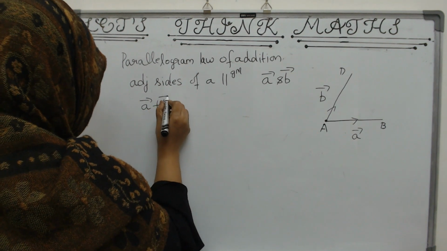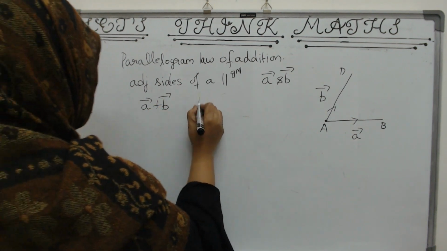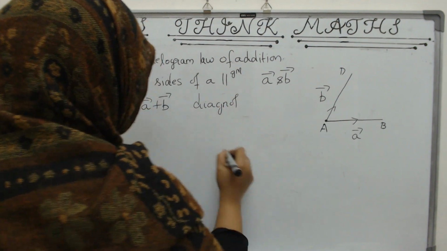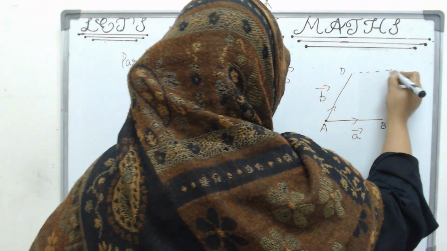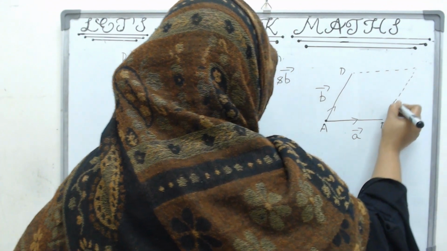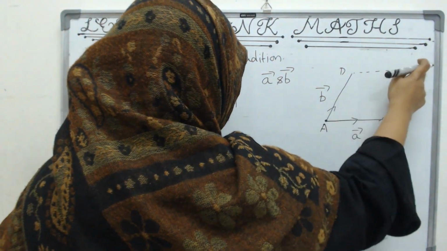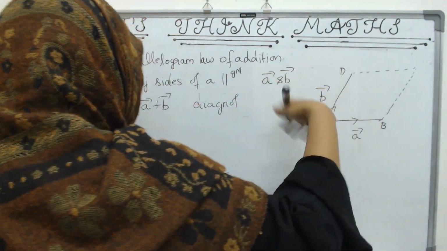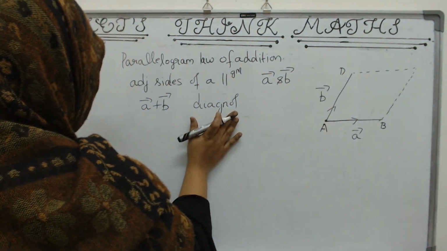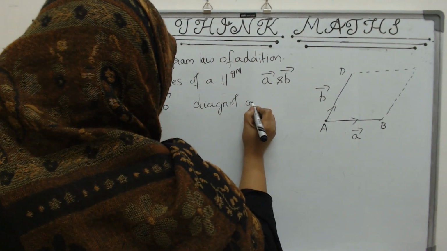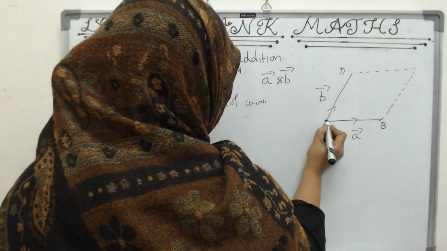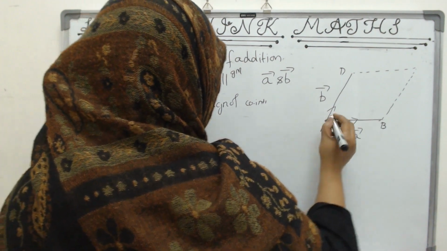It says A plus B is actually the diagonal. Which diagonal? There are actually two diagonals, right? Complete the parallelogram. You will see two diagonals, one going this way, one going this way, and each can be taken in any direction also. But it says the diagonal which is co-initial to both A and B. What is the initial point of both of them?